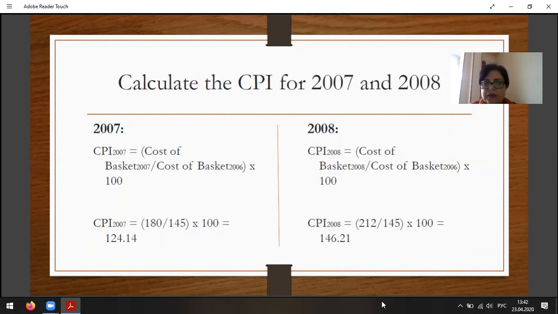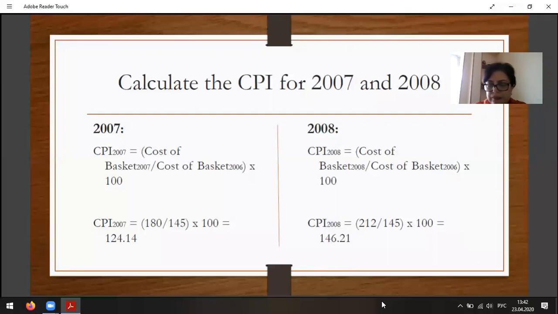So these simple calculations allow us to find the 124.14 CPI, Consumer Price Index, for year 2007. The same procedure we have to repeat, I mean the same calculations we have to carry out for Consumer Price Index for year 2008.